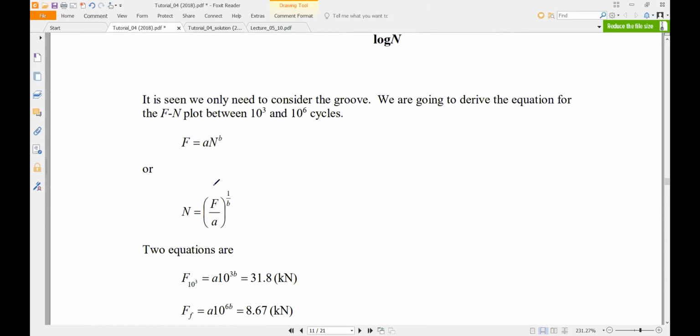That means an SN equation like this. This equation you can use for each and every point. Even though you derive this equation for the groove, it doesn't matter because you use this equation for the load. So load does not change with the point. Stress will be changed. That's why we call it a stress raiser. Those areas are stress raising areas, not load raising areas.